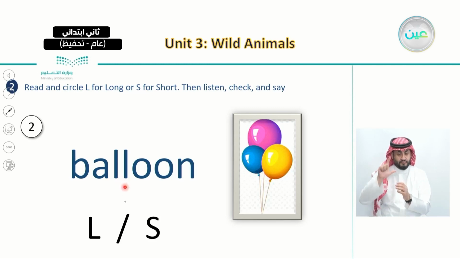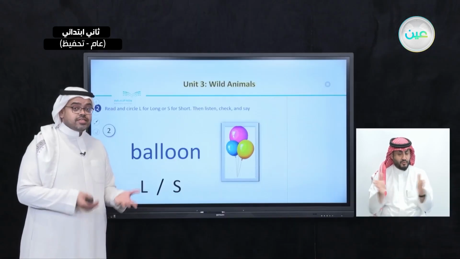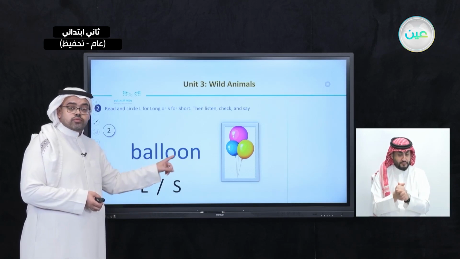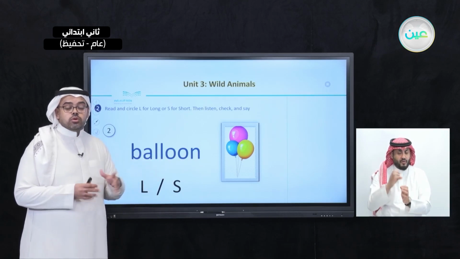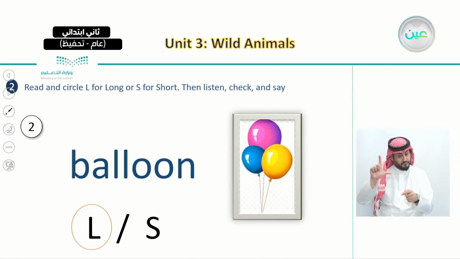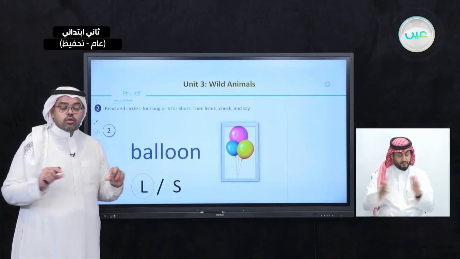Balloon, balloon. Say with me, balloon, balloon. So what do you think? Does balloon have the long form of two O's or the short form? What do you think? It, of course, has the long form, balloon, as in moon.